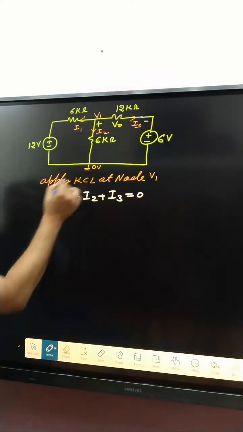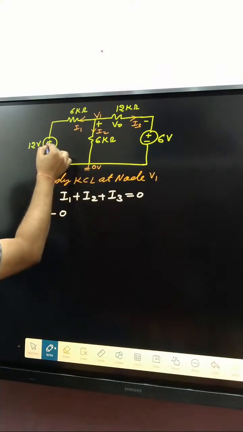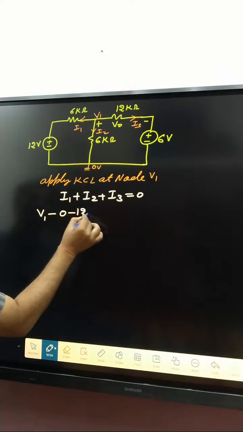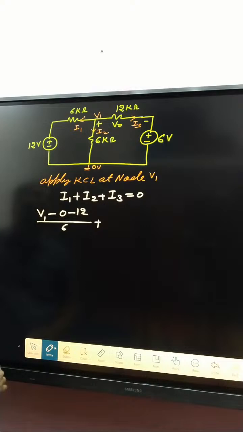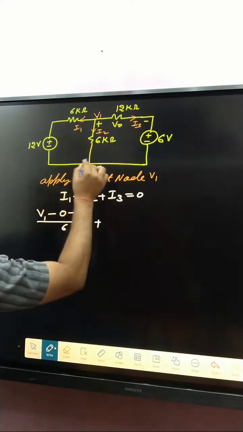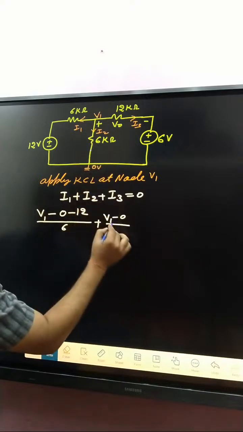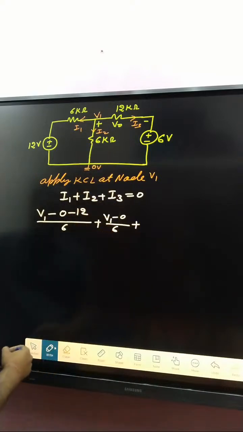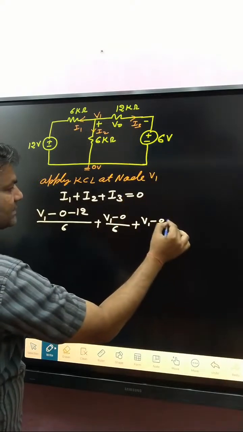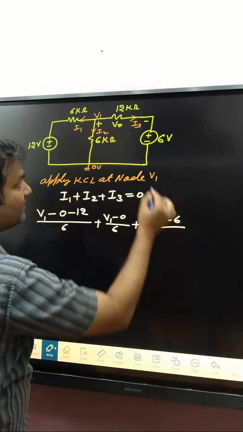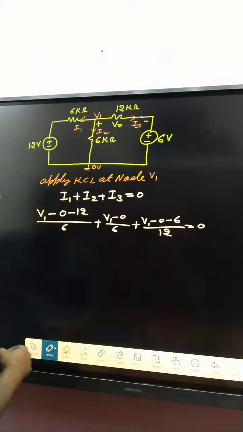I1 is written as V1 minus (minus 12) divided by 6, since current leaves from the negative terminal. Plus I2 is V1 minus 0 divided by 6, plus I3 is V1 minus 0 minus 6 divided by 12. This is equal to 0.